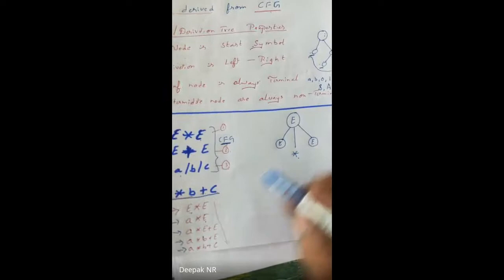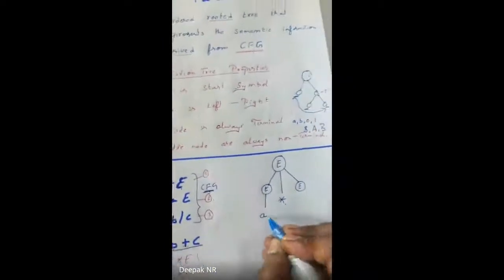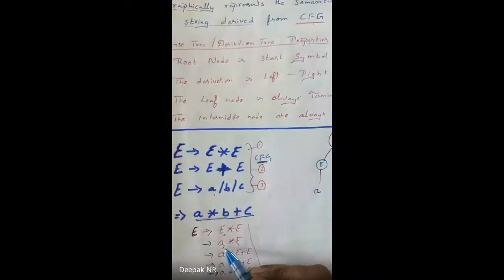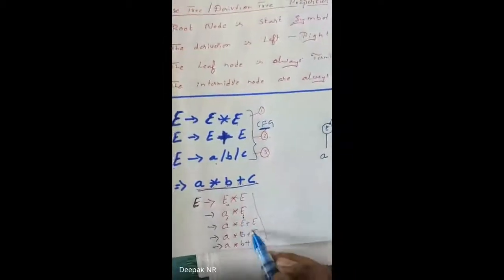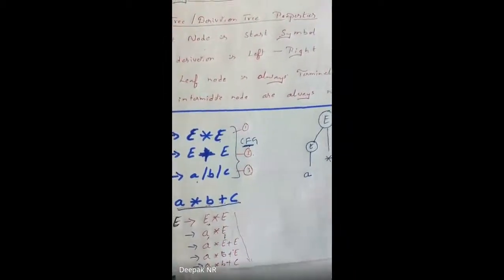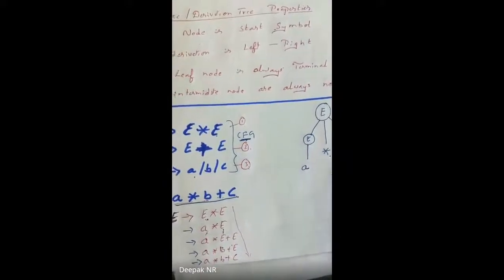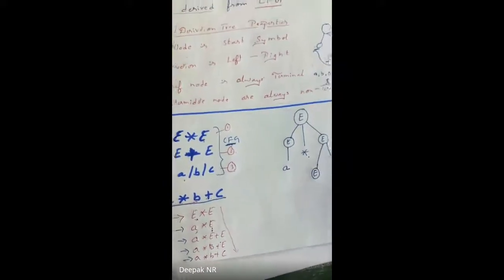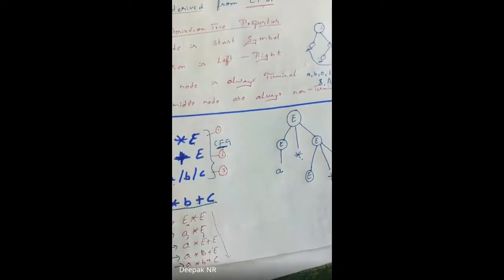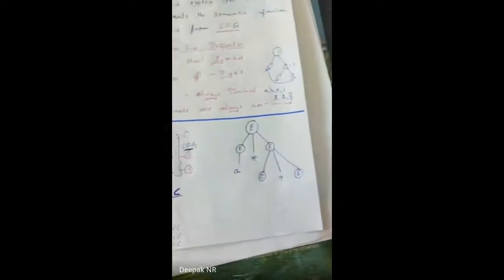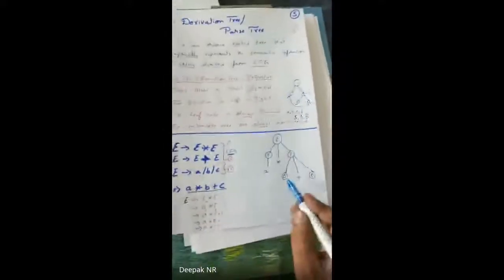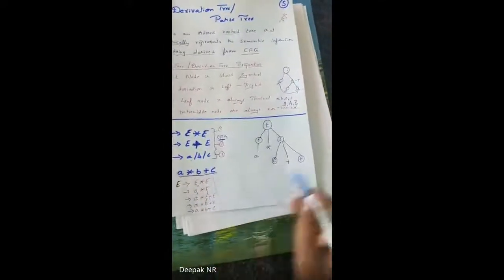Now this E represents A, so I write A. This other E represents E plus E, so I write E, plus, and one more E.